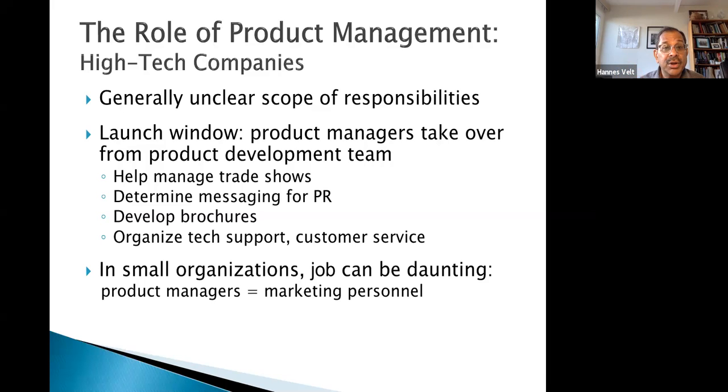So you're responsible for things like launching the product, giving demos at trade shows, designing all the collateral for the launch, making sure that all the pieces are in place, like tech support, customer service. So the product manager's job is like being a general manager. You have a lot of responsibility, but you don't have direct authority over all the different departments.